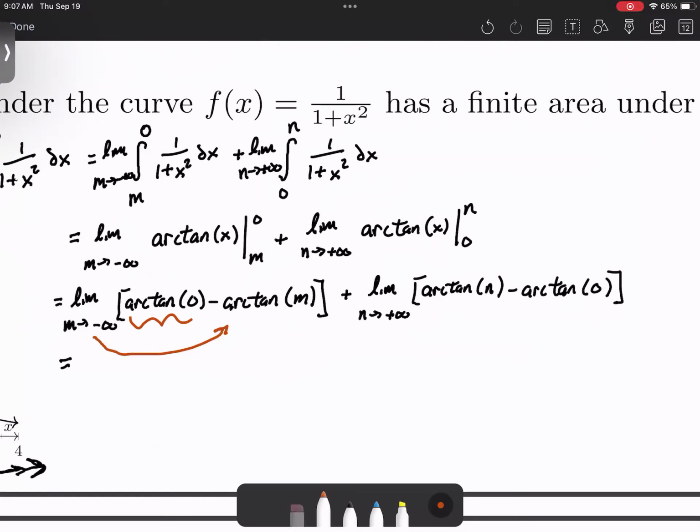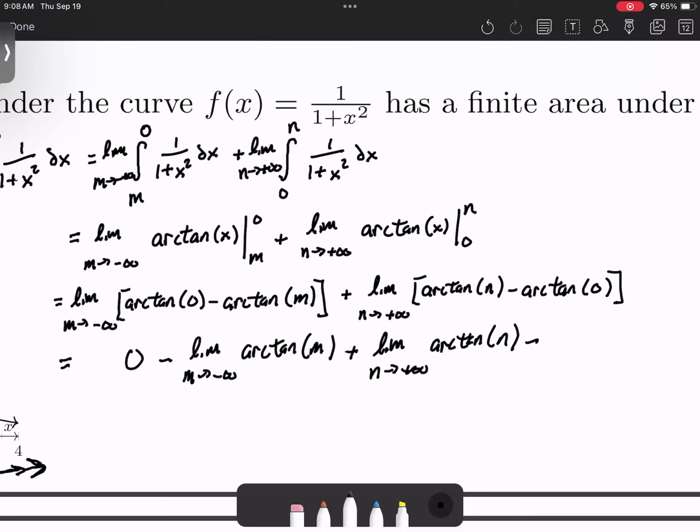It just moves past it. The arctangent of 0 is 0. So I've got 0 minus limit as m goes to minus infinity, arctangent m, plus limit as n goes to positive infinity, arctangent of n, minus, and for the same reasons, this arctangent of 0 is just a constant 0.